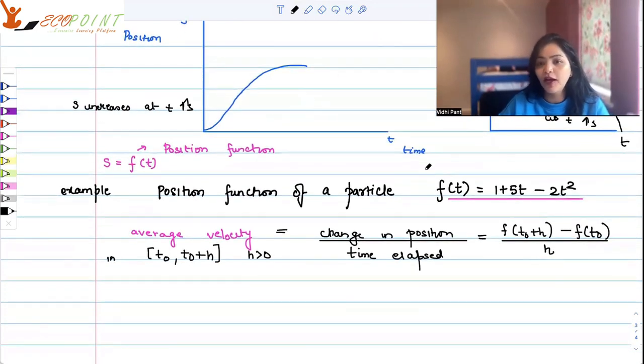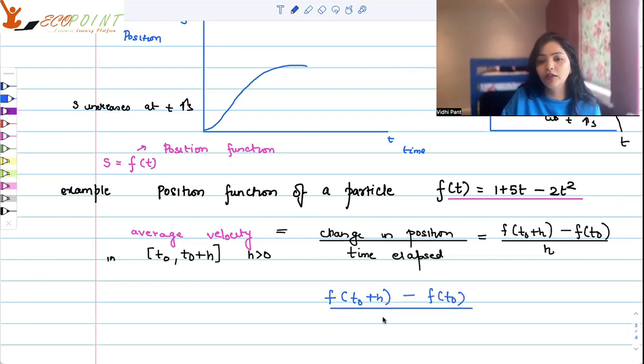For example, if you have this function, then what is the average velocity? The average velocity here would be f of t naught plus h minus f of t naught, whole thing upon h. Now we need to know which interval we're talking about. Suppose we are looking at 0 to 2 seconds, any unit could be used.